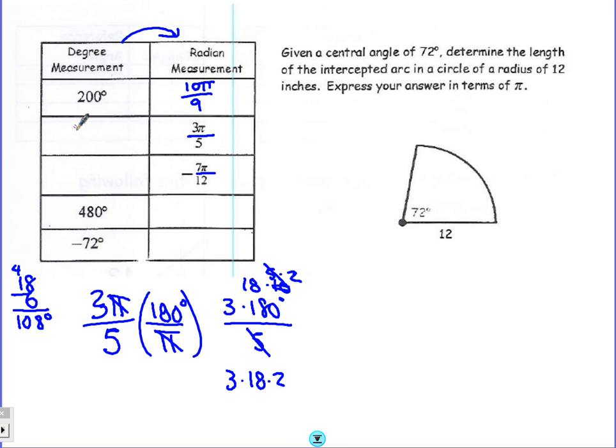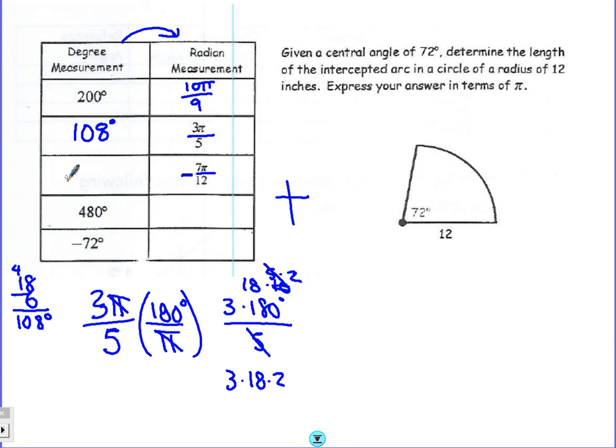So I would put 108 degrees. All right, so I'll leave the others for you. The negative just means that instead of going up, we're going down, 7 pi over 12. So our degree would also be negative for that.